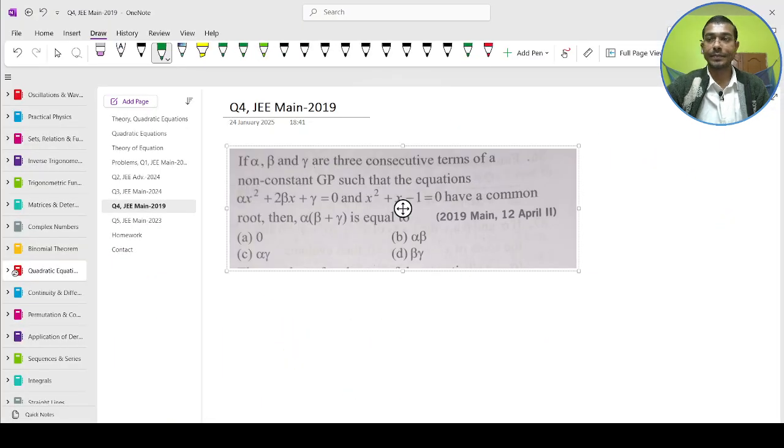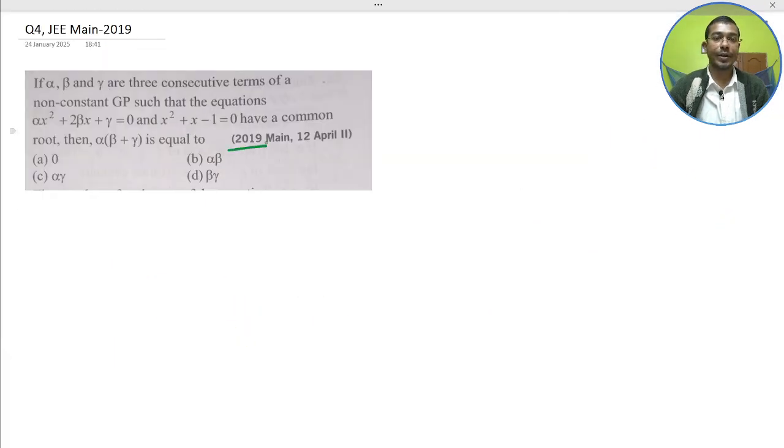Go ahead. JEE Main 2019. If alpha, beta, gamma are consecutive terms of a non-constant GP, geometric progression, such that the equations alpha x square plus 2 beta x plus gamma equals 0 and x square plus x minus 1 equals 0 have a common root, then find the value of alpha into beta plus gamma. So alpha, beta and gamma are in GP.